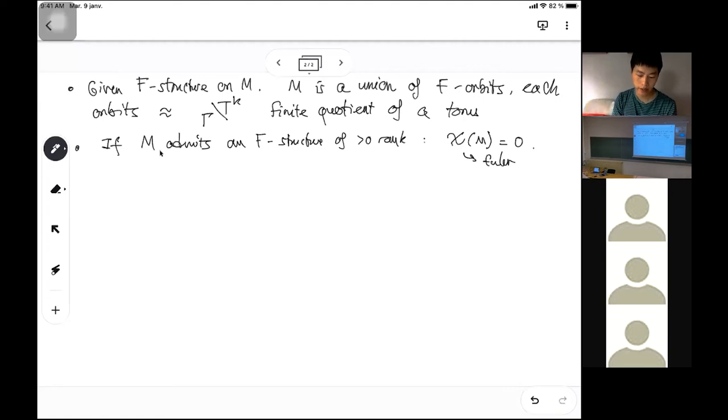If a manifold has, say, free or effective torus action, its Euler characteristic is 0 by some classical arguments. And so now if you have your manifold with an F structure, you can divide up your manifold into open sets in which you have these effective torus actions. And so when you put them together by standard computation, you can compute the Euler characteristic to be 0.